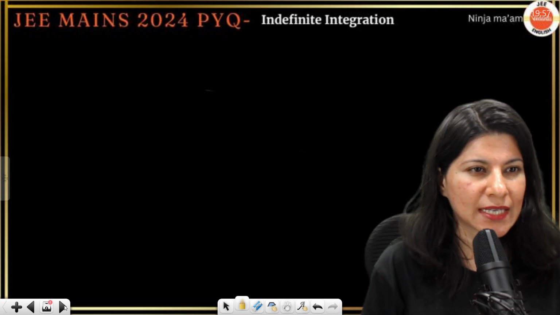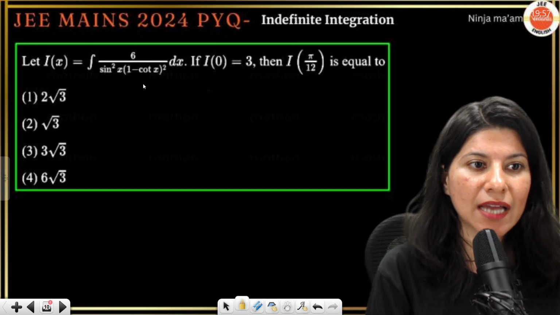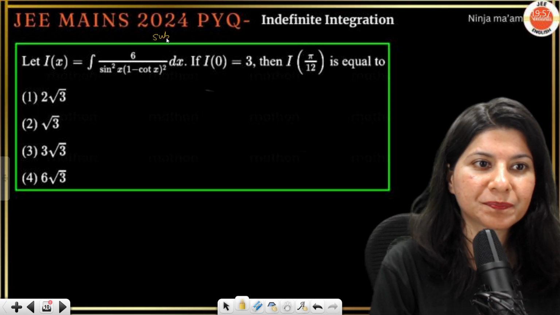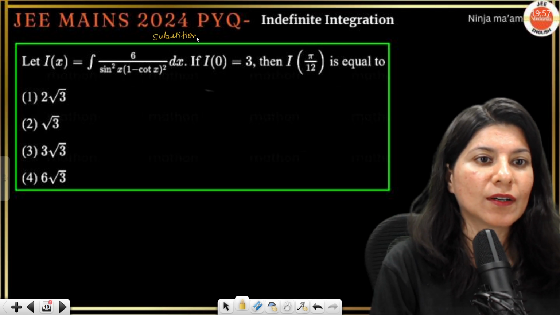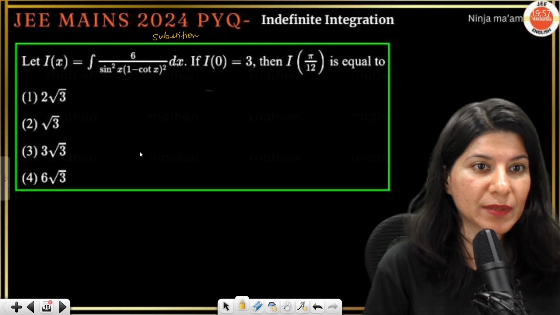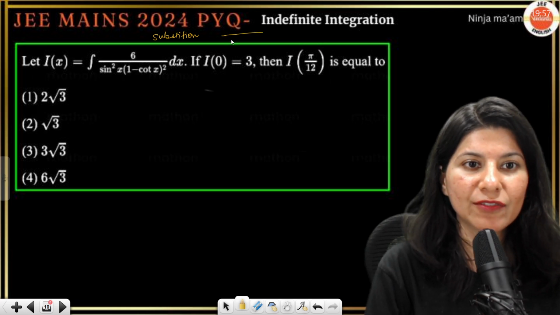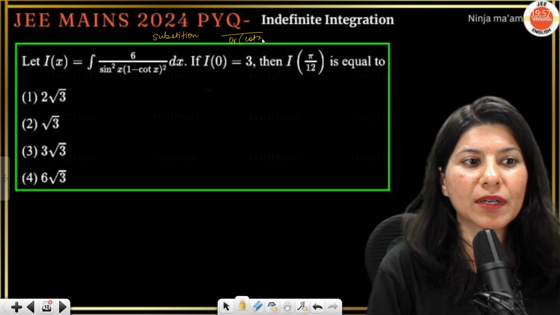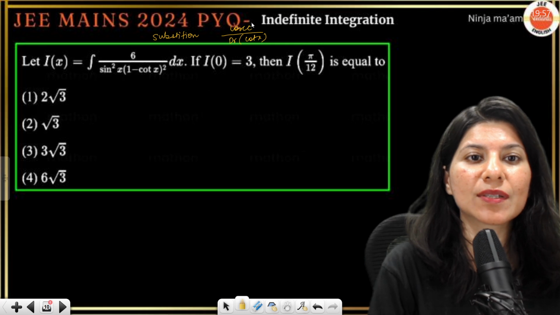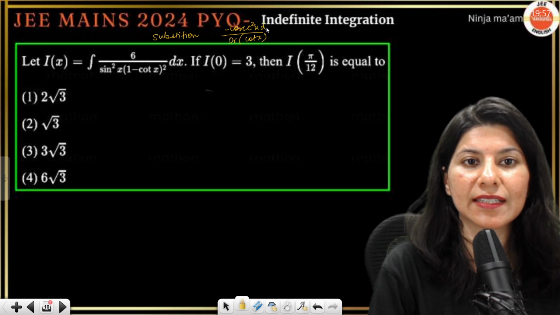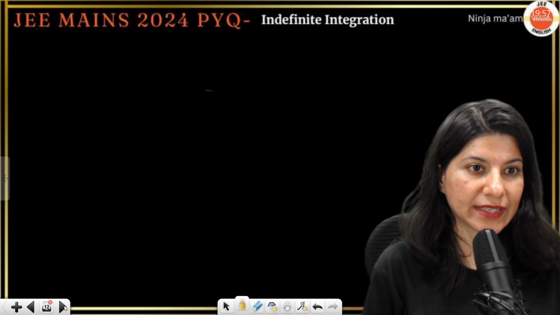Question number 2. Question number 3, again substitution. Question number 4, similar type basically: if you can create cot x in the denominator and cosec square x dx in the numerator.